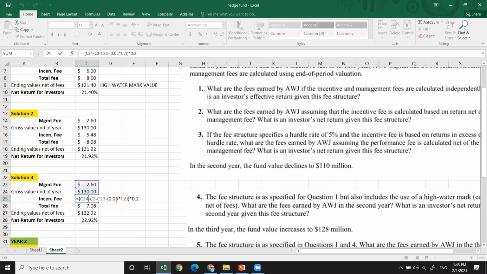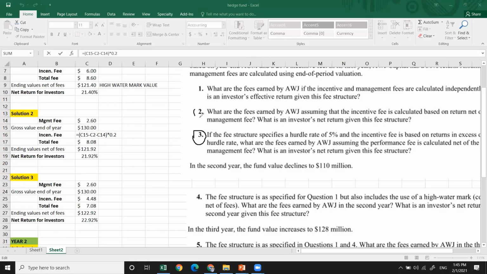In the second solution, what do we consider in the incentive fee? We do consider only the management fee. We don't consider the hurdle rate. Look, this question 3 is what we did last time in the class. We considered the management fee, we considered the hurdle rate.